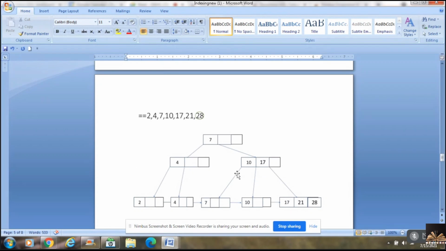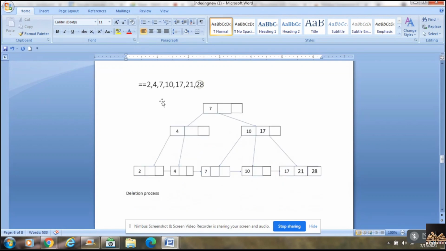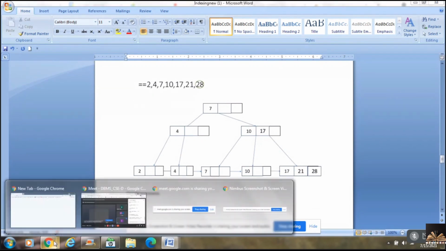So less than 7 is 4. 7 has gone up. 10 is greater than or equal to 7, and you're putting 17 over here. Based on the subdivisions, you have to again rearrange the complete tree so that all the entry keys are present at the leaf level.